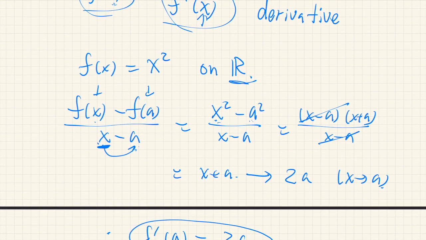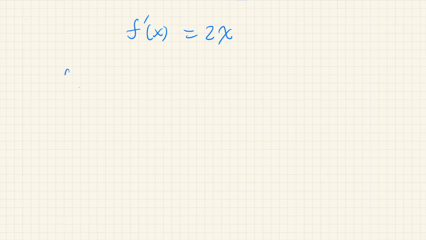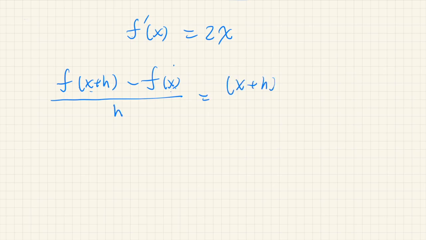Actually, instead of using x and a here, we could have used x plus h and x. So instead of a, we use x, and instead of x, we use x plus h. The difference between these two is just h. So we have x plus h squared minus x squared over h.